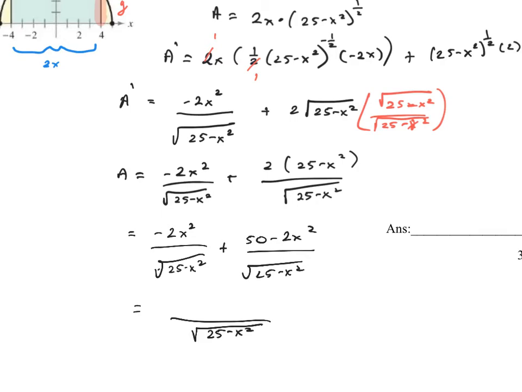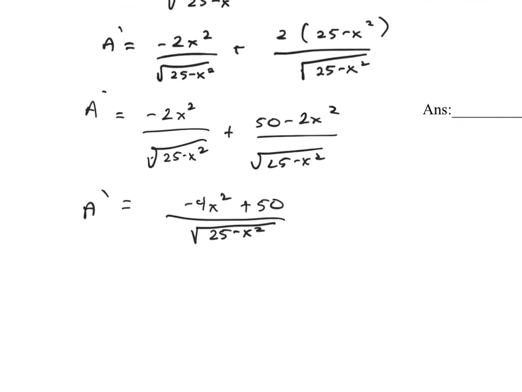So I have negative 2x squared plus negative 2x squared would be negative 4x squared, and then plus 50. All right. So that's my simplified version of the derivative. Again, I need to find the critical values of this. So I need to find when is this equal to 0 and when is this undefined.